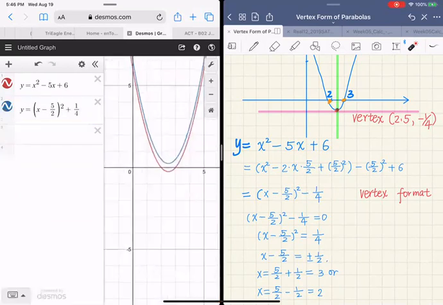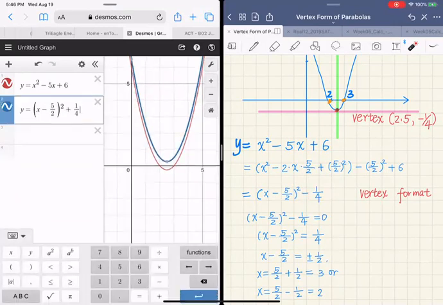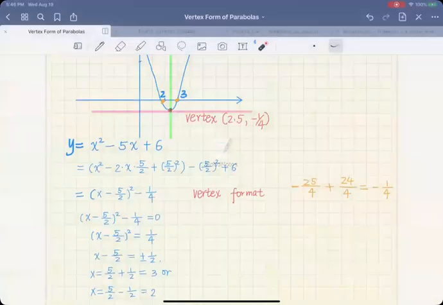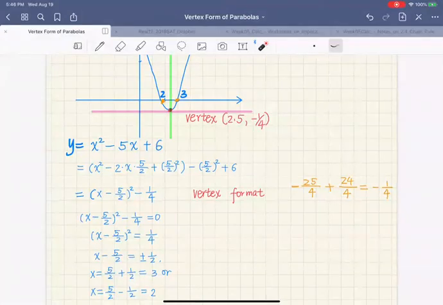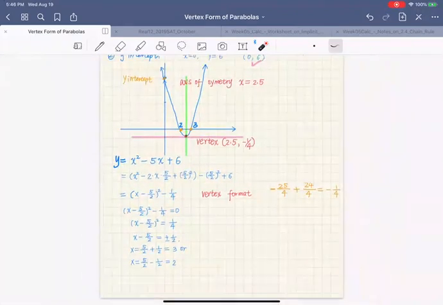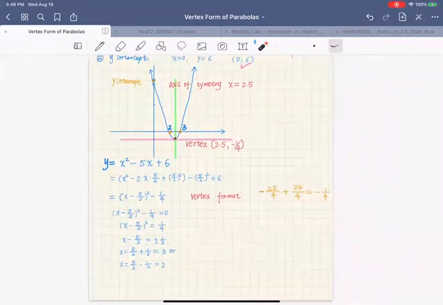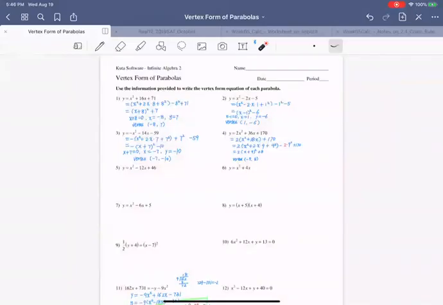That means if you get the wrong result, it's going to show up. That makes sense? Okay, so please use these apps. Valeria, you can also download this on your phone, iPad, or computer. Now let's continue with some questions.